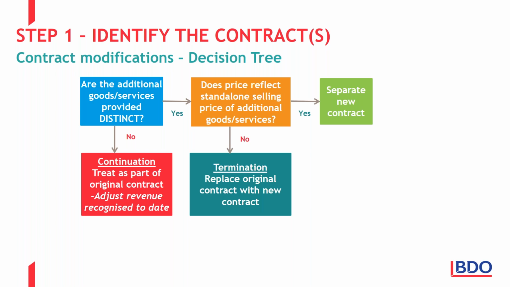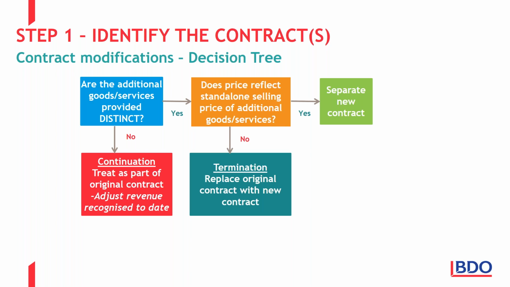Now there's three very different ways that IFRS 15 deals with contract modifications. And therefore we've prepared a decision tree to help us on how we end up in the three different ways. Now the one way is it's a continuation of the original contract. But that's a hard way because you have to adjust the revenue that you've recognized to date, and you have to have a catch-up adjustment at that stage.